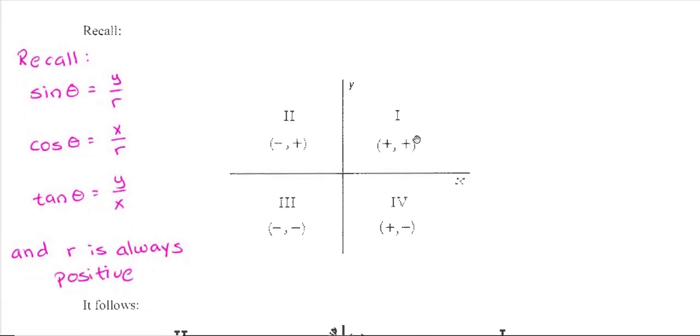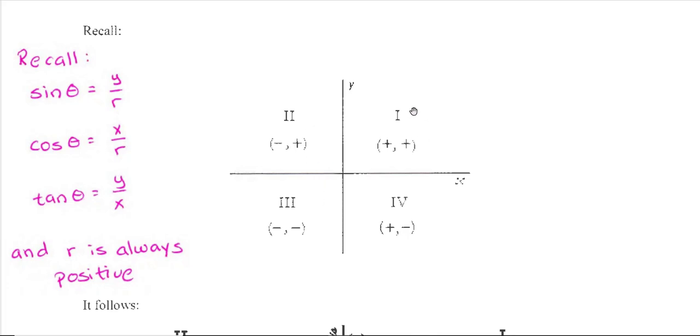Now, I just rewrote these here so we had them on the board for this slide. Remember, your sine is y over r, your cosine is x over r, your tangent is y over x, and r is always positive. Now, we've said you could do this for any ordered pair that you want on the entire two-dimensional plane. Every ordered pair that you graph will fall into one of these quadrants, unless you're on an axis, and that's a different story that we'll get to.